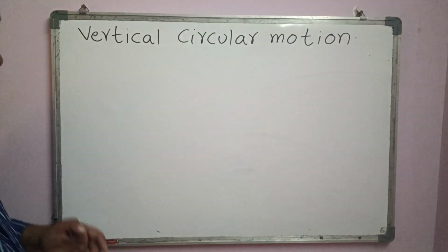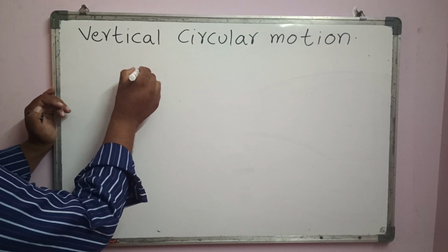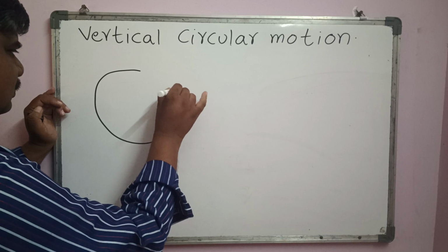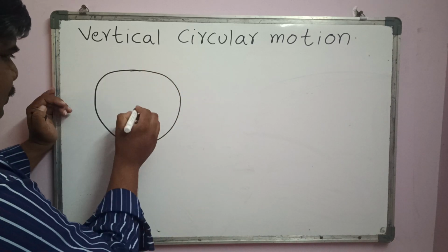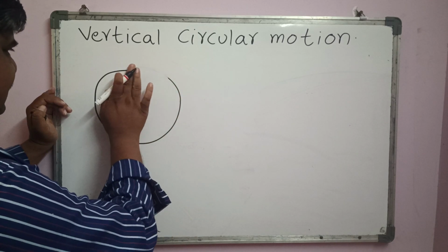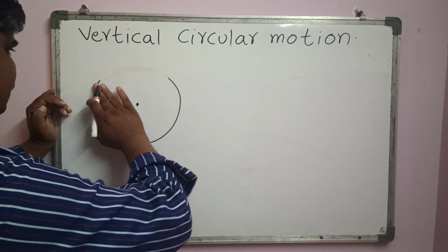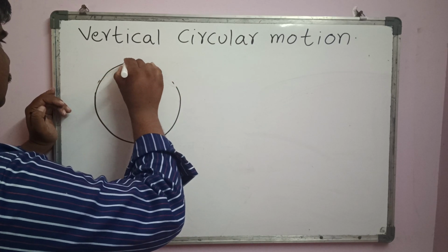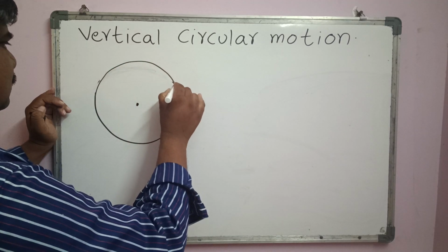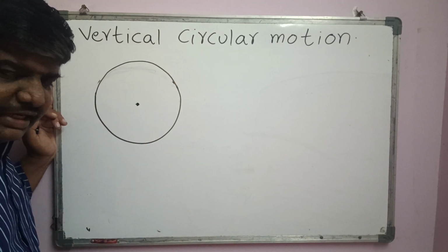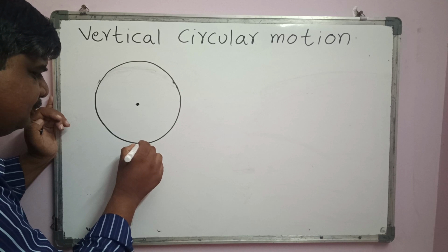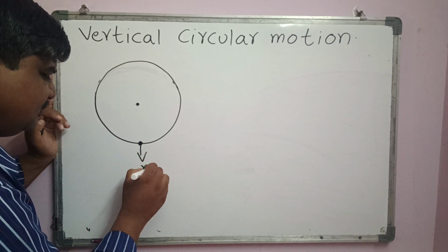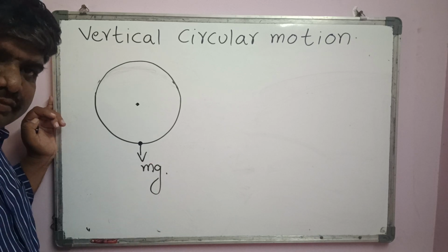Suppose the same circular path is taken. Here is the center of the circle, this is the lowest position, and here is the body of mass m. At this position its tensional force is equal to mg.